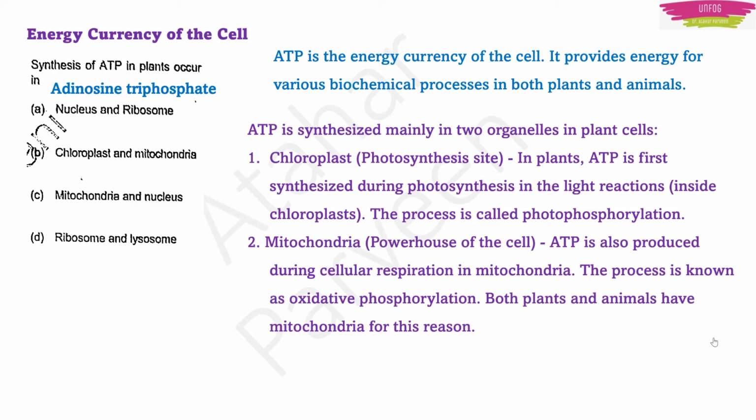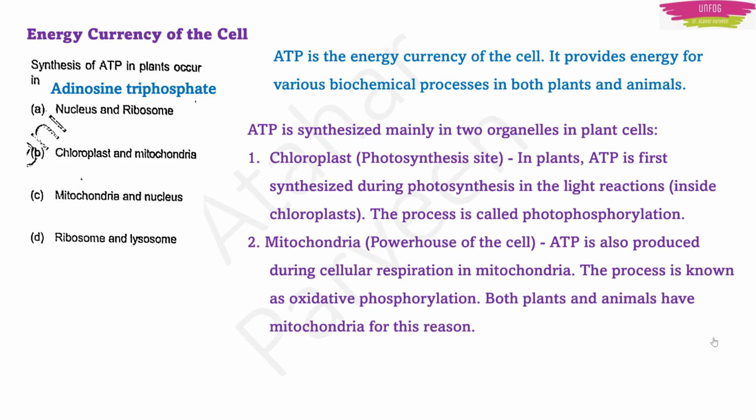The chloroplast is the site of photosynthesis. Here ATP is first synthesized during the process of photosynthesis, which we call the light reactions. The process wherein ATP is synthesized is called photophosphorylation. Another organelle, the mitochondria, we also call the powerhouse of the cell.